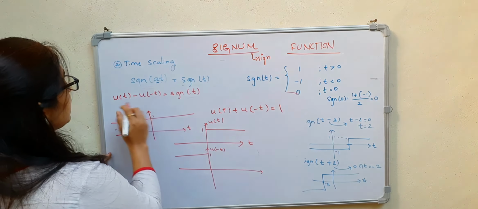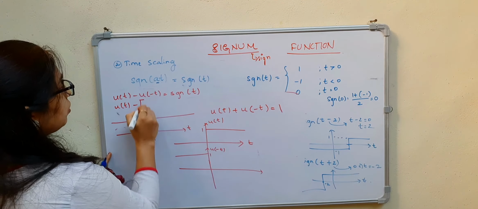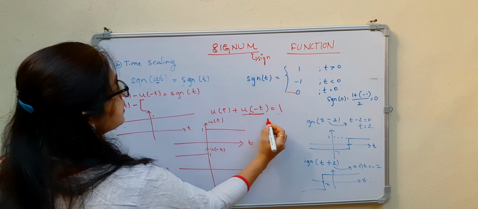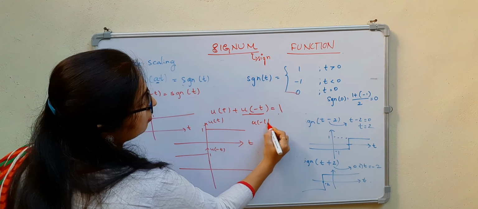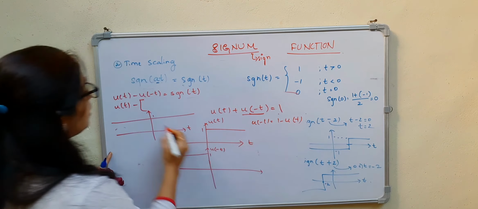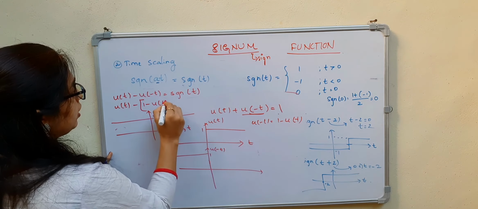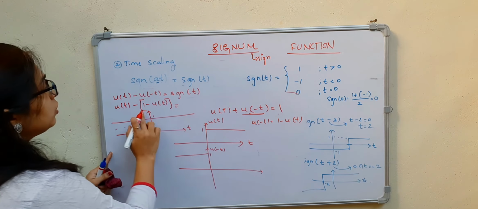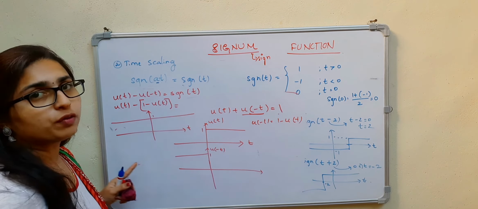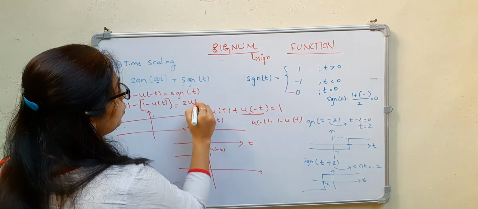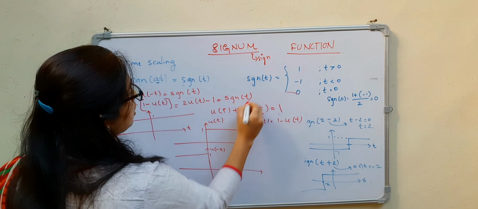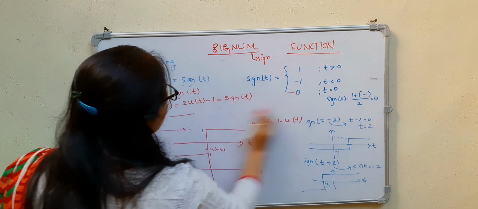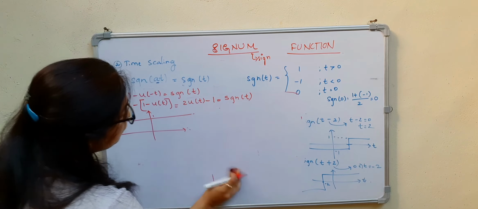So instead of u of minus t, I can write 1 minus u of t. So 1 minus u of t, that is u of t minus 1 plus u of t, that means 2 u of t minus 1 is equal to the signum function. So we can also write u of t in terms of signum of t.